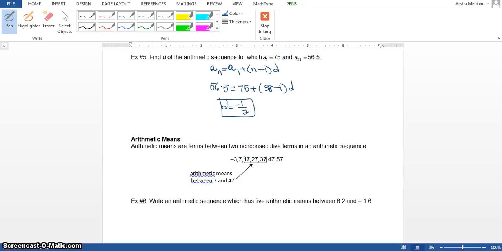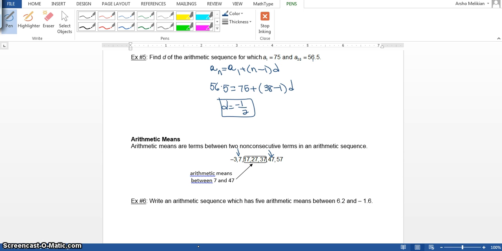If I take two non-consecutive numbers in a sequence, the numbers that come in between them are the arithmetic means. Okay, so for example, if I were to take 7 and 47 randomly, then the numbers that come in between them are the arithmetic means between 7 and 47.